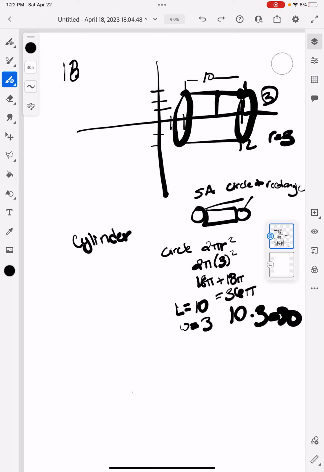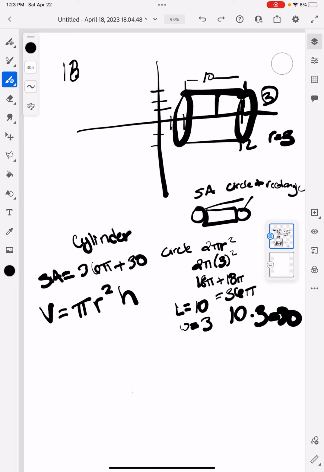So the surface area of my cylinder would be 36 pi plus 30. And you could type that into your calculator to get your decimal answer. Now the nice thing is that the volume of a cylinder is a bit easier to calculate. The volume of a cylinder is going to be pi r squared h. And h we already found.